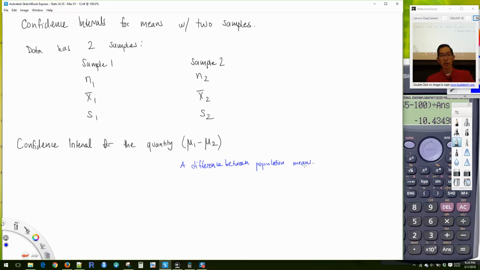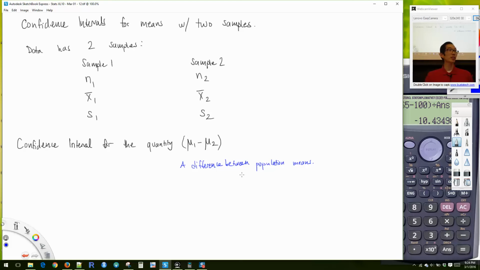Okay, so for example, if we made a confidence interval for the mean difference between the heights of men and women, our results would be in the vicinity of, I don't know, 5 to 7 inches. We're asking what's the difference in height between the average male and the average female.